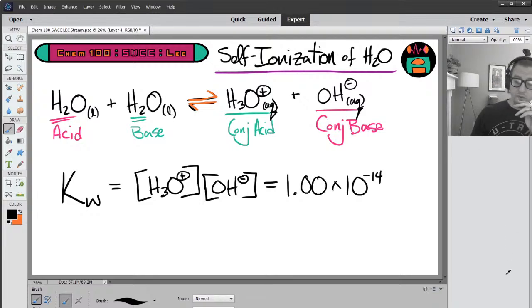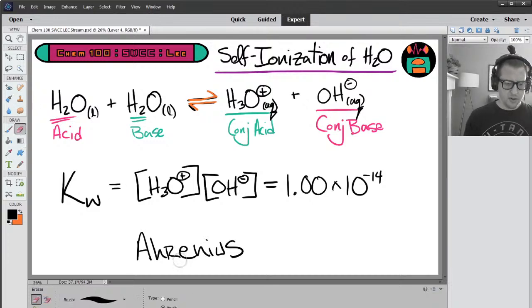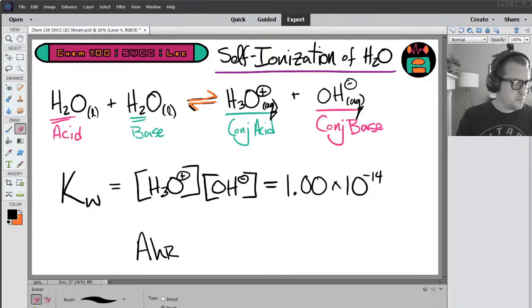We know from, and a quick reminder, from the Arrhenius definition, I'm misspelling his name. There's a double R, and I messed up my H placement. Forgive me.